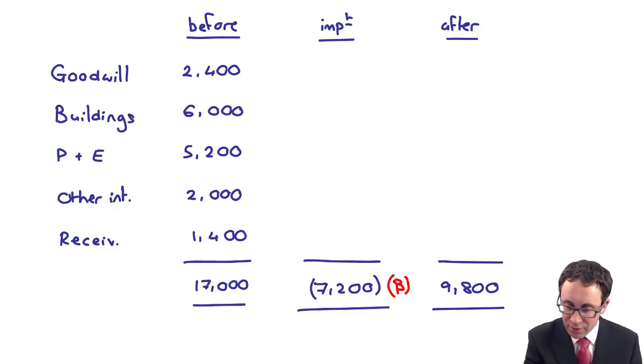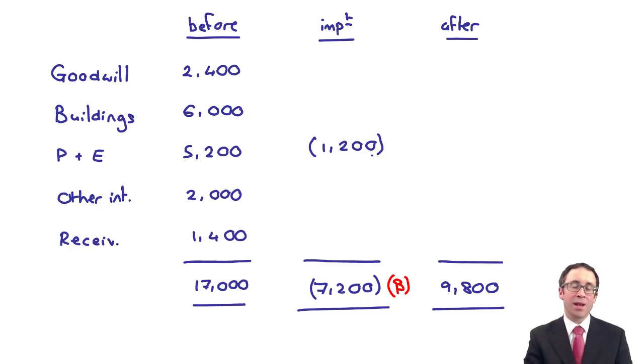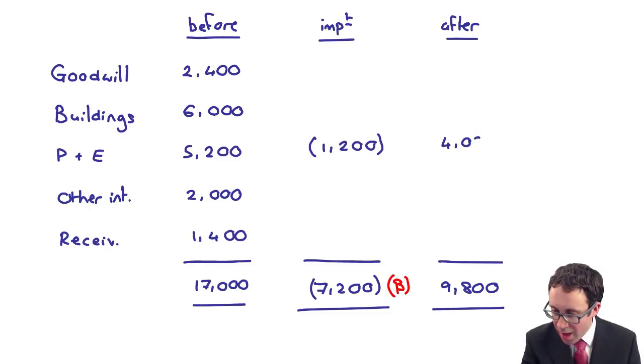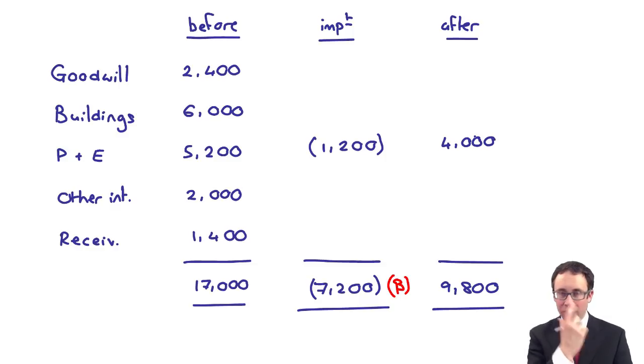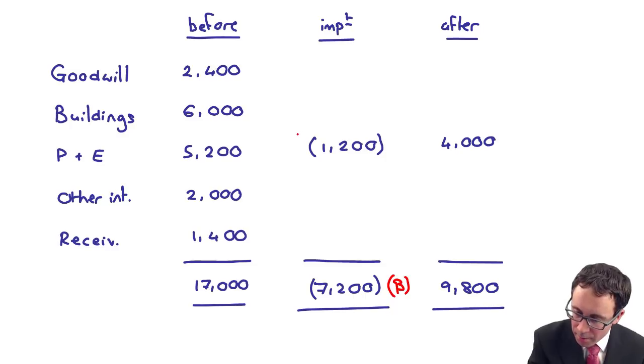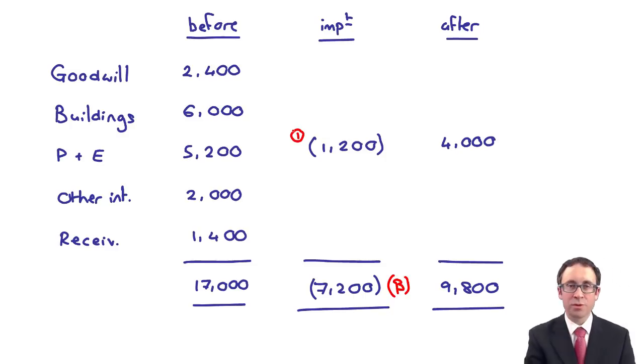So of that 7,200, 1,200 is going to go against that plant and equipment. That then means that afterwards the remainder is worth 4,000. So that is step one, applying it to your specific assets.